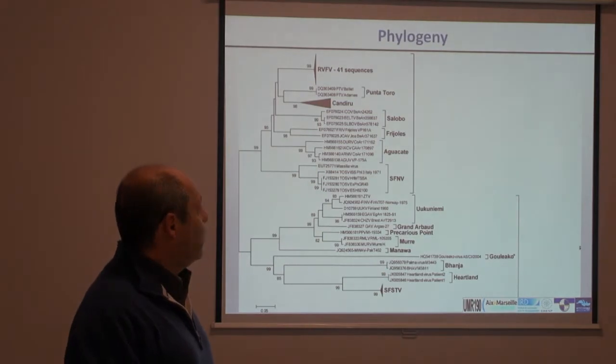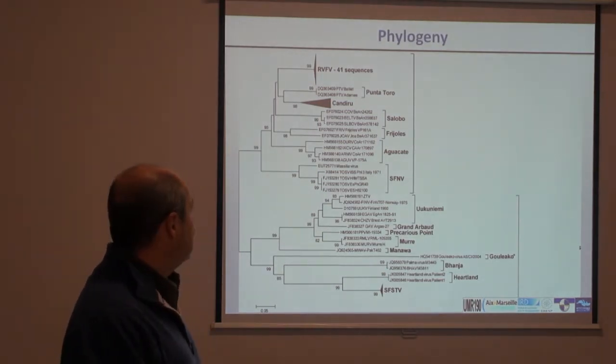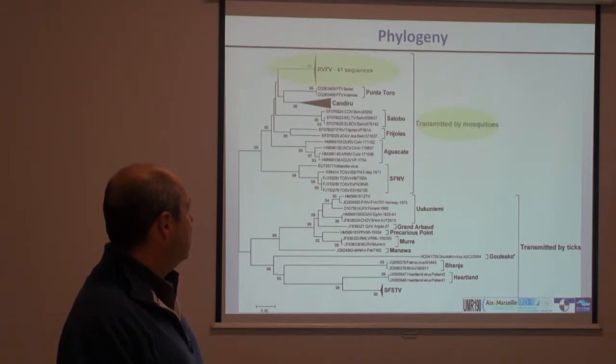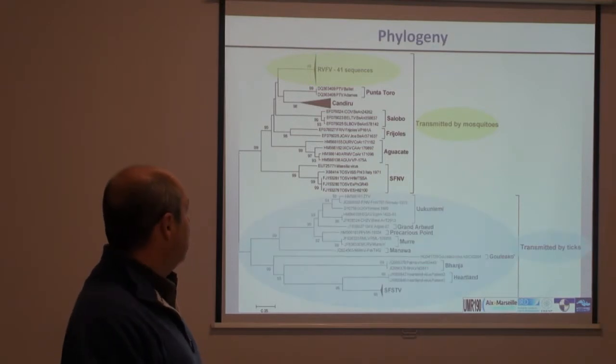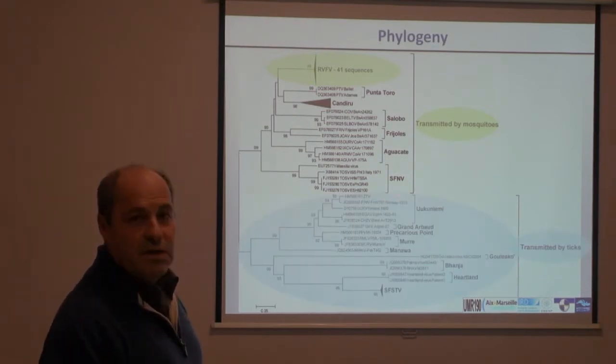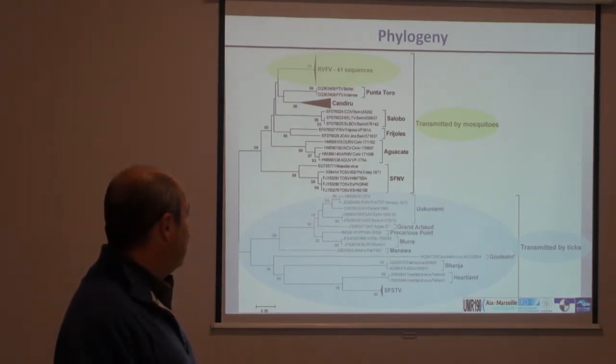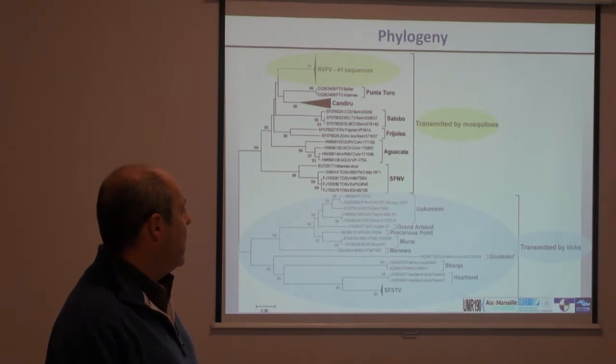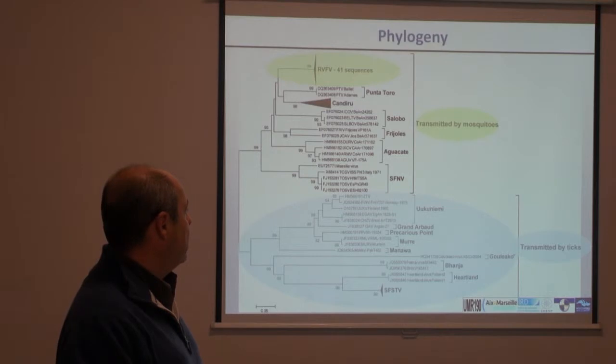And so when we look at the phylogeny of flaviviruses, it's also a quite complex phylogeny. So you have viruses that are transmitted by mosquitoes. You have flaviviruses that are transmitted by ticks, and this group is growing. It was long restricted to Cunivi viruses, and now there are many more viruses recorded in this group.